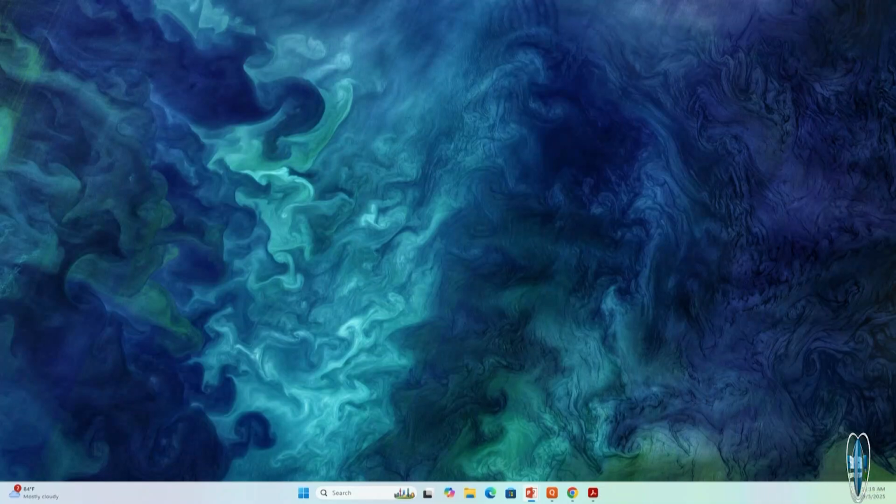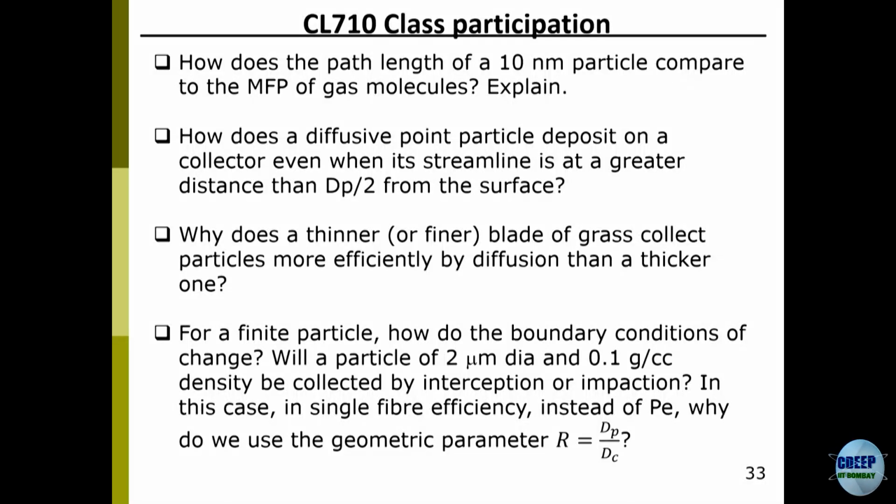Coming to the other questions, see if anybody wants to take a little bit of an answer for any of these. How does the diffusive particle reach a collector surface?